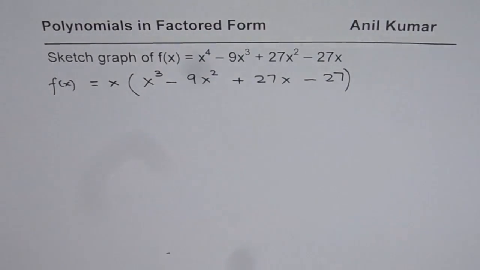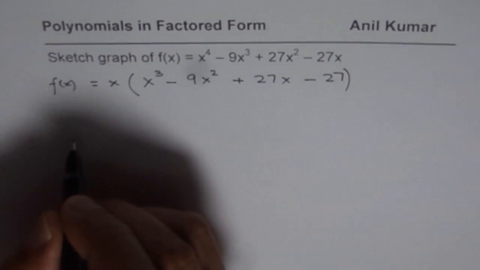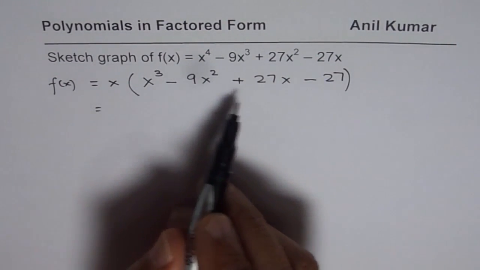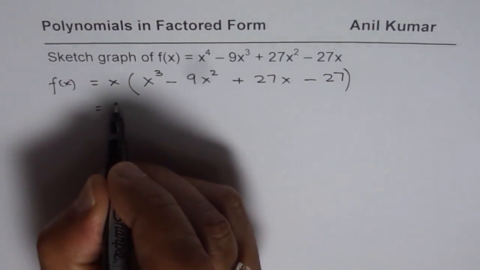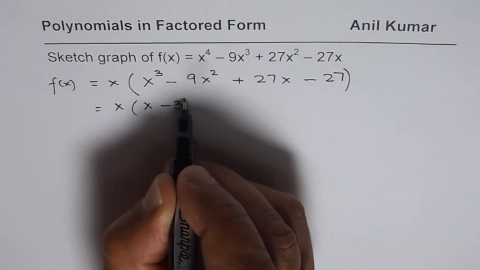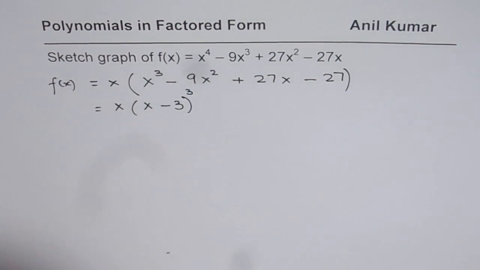Now this part can be further factored. I hope you remember the formula for a minus b whole cube, right? So that will help you to factor this one. So it could be factored as x minus 3 whole cube.